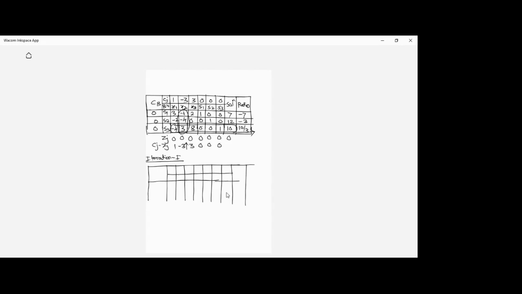As of now, we don't know whether the ratio column will be required or not. So Cj, basic variables x1, x2, x3, s1, s2, s3. It is 1, minus 3 and 3 here. So first row, second row, and we have the third row.